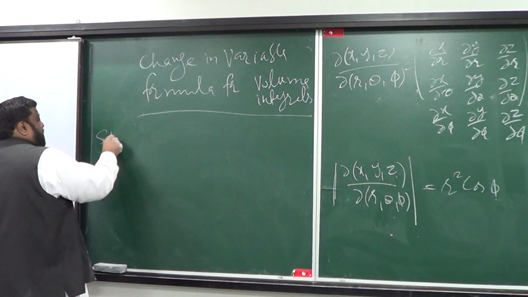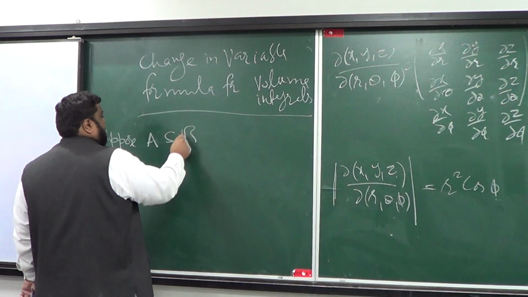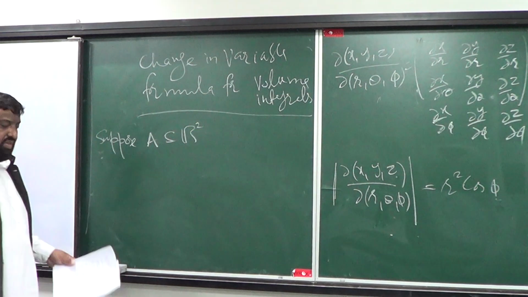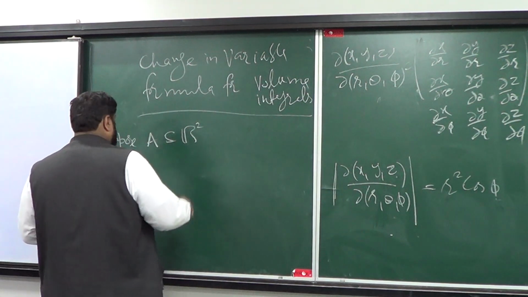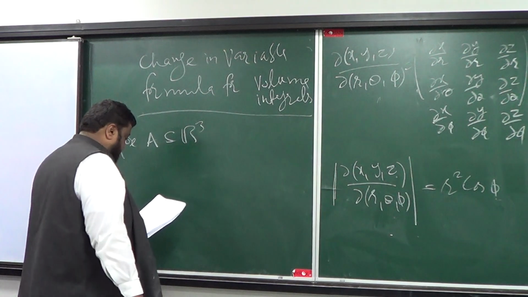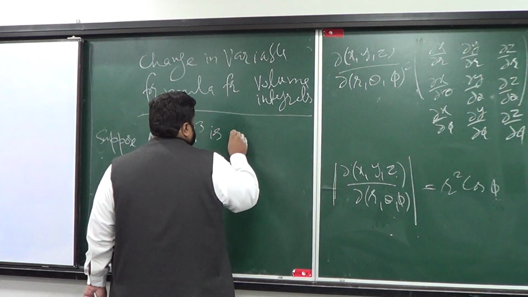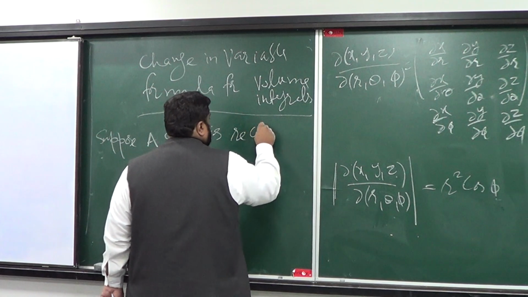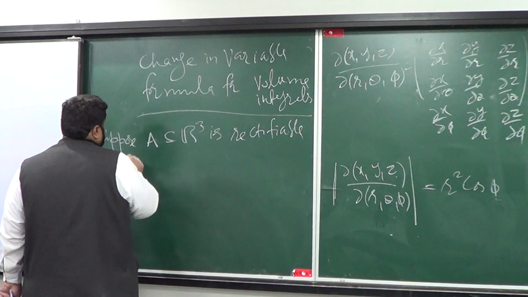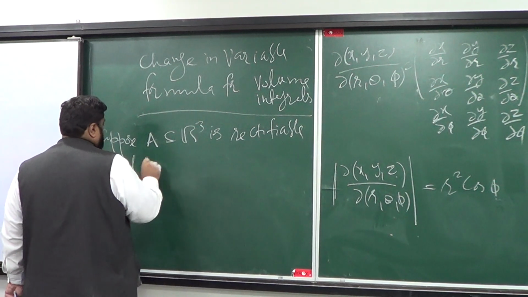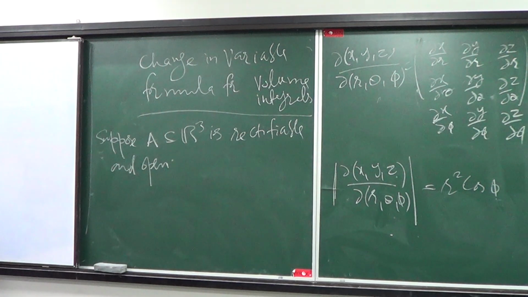So you're going to say, suppose you have some subset of R3, sorry, so some part of R3 that is rectifiable and open. Doesn't reach the boundary. Okay, so it's a rectifiable open volume.